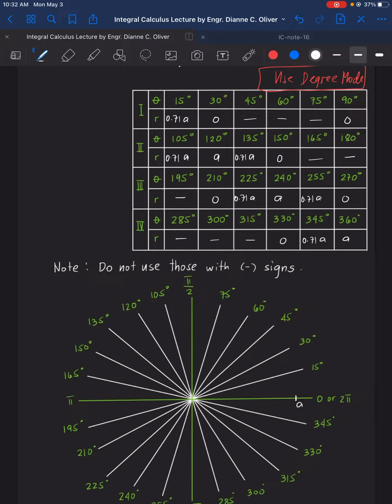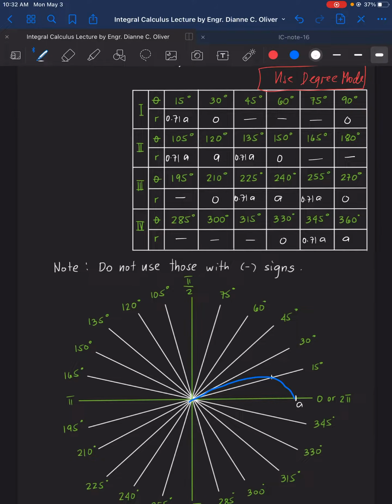This is a. Then at 15 degrees, it becomes 0.71. Then at 30 becomes 0. So it goes like this. There you go. Then let's go to the next table.